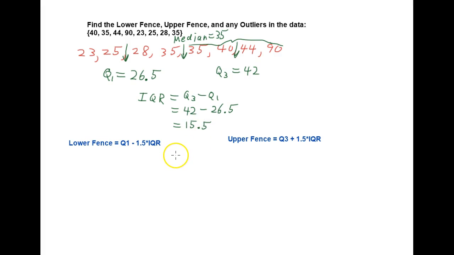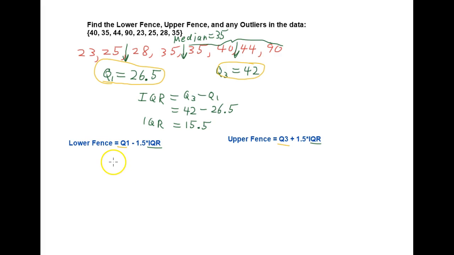So there's our interquartile range. I'll label that here. And that's what we're going to use here and here. We have also our first quartile that we'll use here and our third quartile that we'll use here.